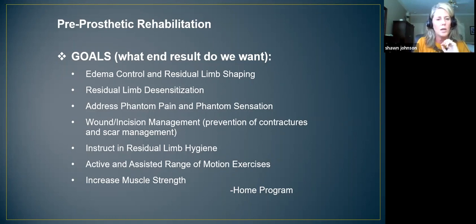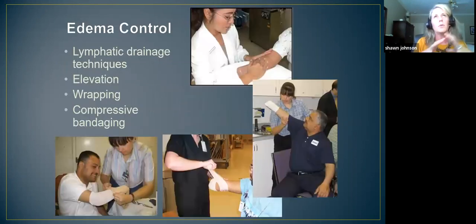And so when you're preparing the limb to wear a prosthesis, why is that so important? If they can't tolerate it because their limb is too sensitive, then you have to address these things before you try to fit them with something. So why do we need to work on these things? It's again to prepare the limb. So for edema control and residual limb shaping, we're going to use drainage techniques, elevation, wrapping, comprehensive bandaging.